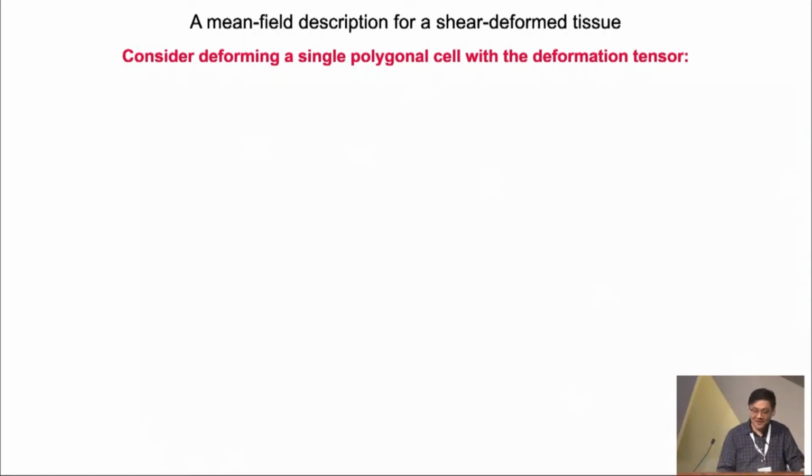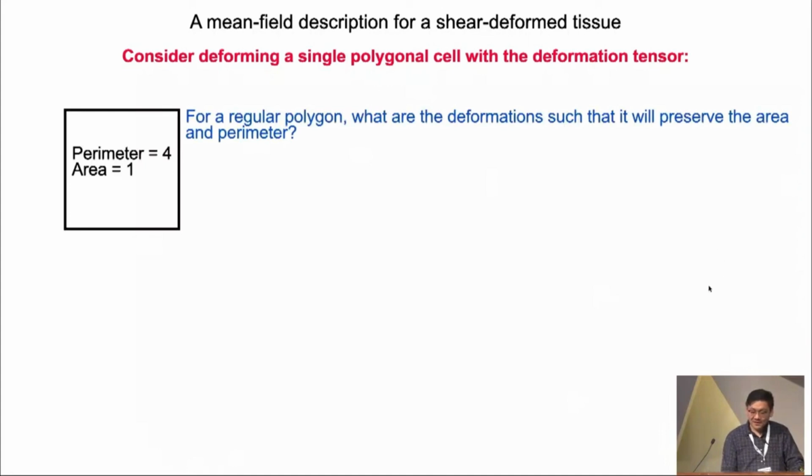I just want to let the whole audience think. If you have a regular polygon, say a square, that would have area 1 and perimeter 4. For this shape, are there any ways that I can deform this cell without changing both the perimeter and area?